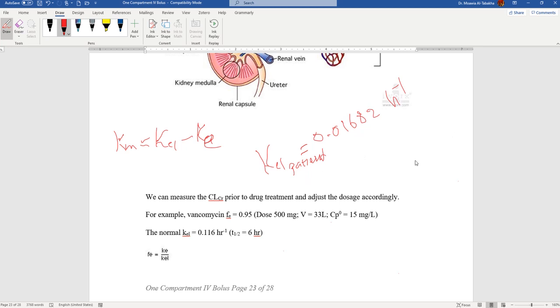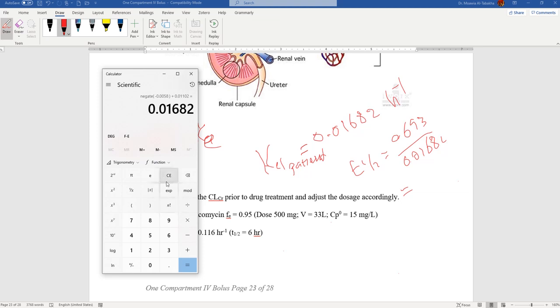What is its effect on half-life? What is half-life equal to? T half equals 0.693 divided by the KL of the patient, which is 0.01682.